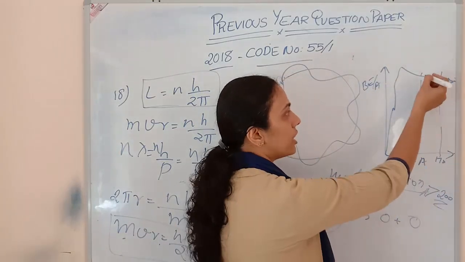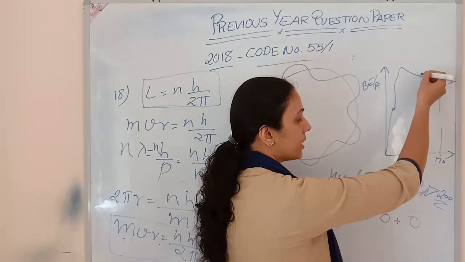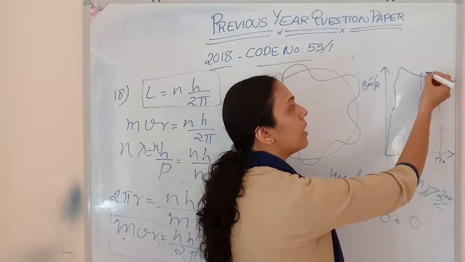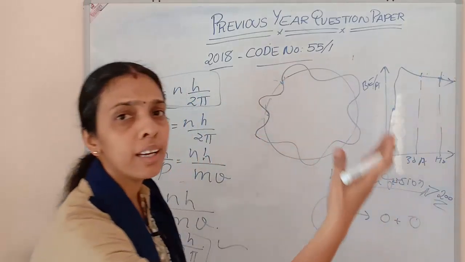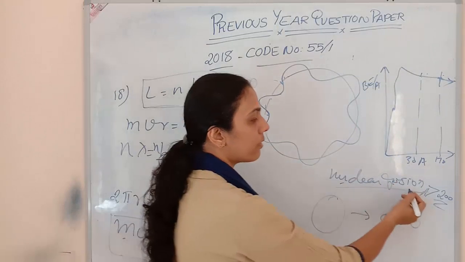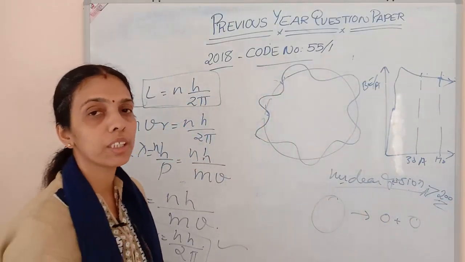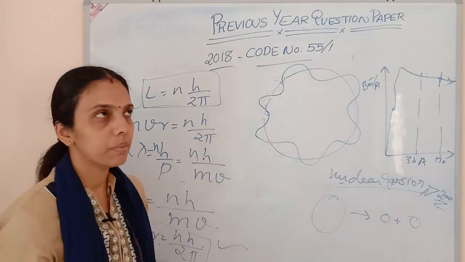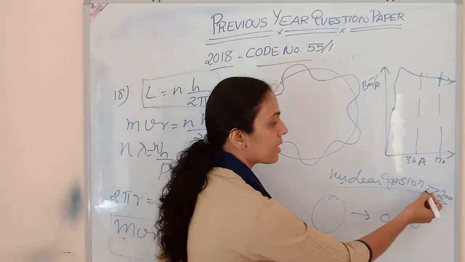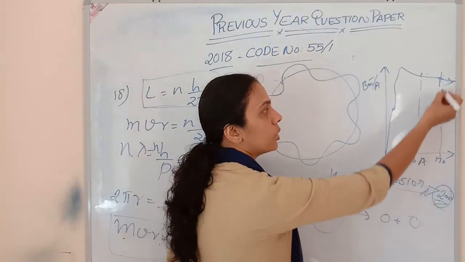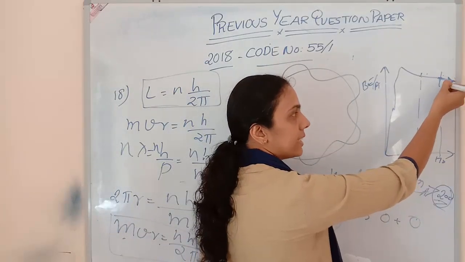While it is splitting into smaller nuclei between 30 and 170, what will happen? More energy will be released. So nuclear fission usually happens for a mass number greater than 200, where the energy is less.